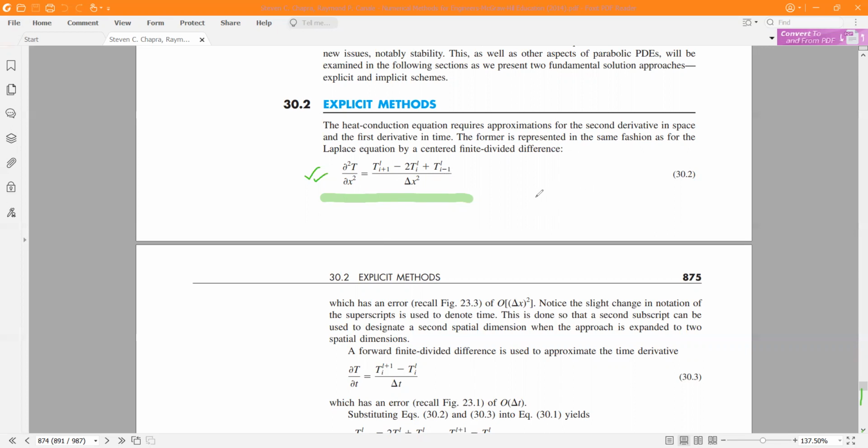What does it mean then? It means that if our vertical imaginary grid is for time and horizontal is for space, then we are using, for example, these 3 points. If this is your I, this is your I plus 1, this is your I minus 1. This difference is del x.